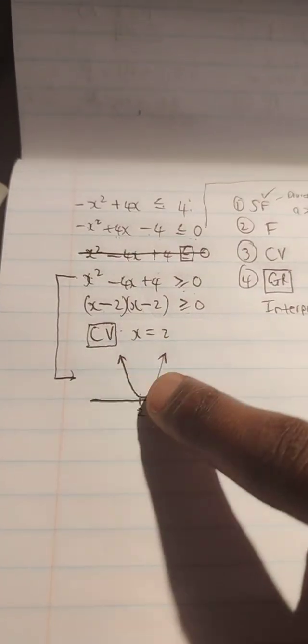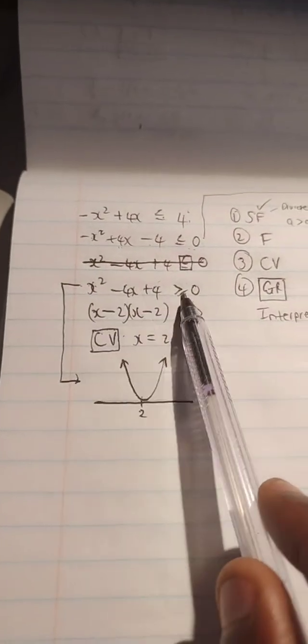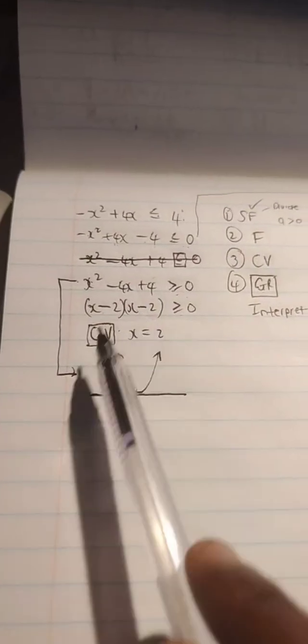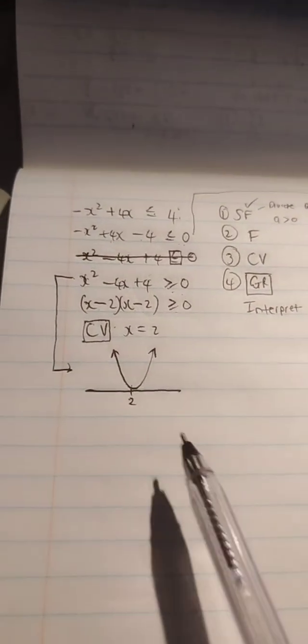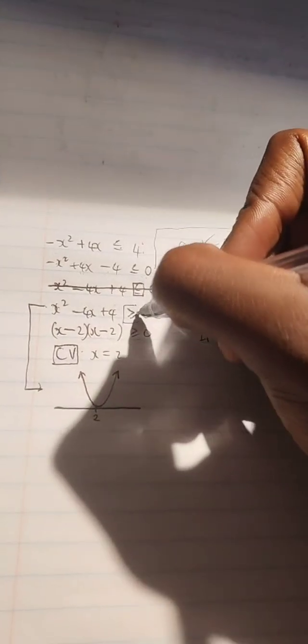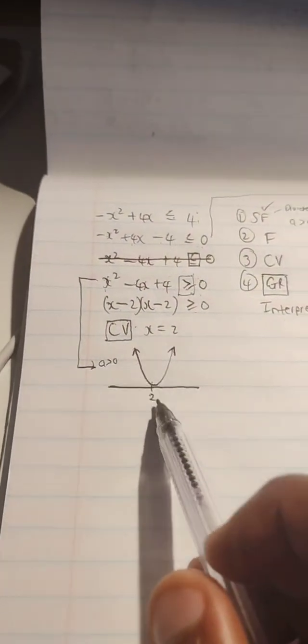So this has been drawn according to the standard form that I have after dividing by negative. Let me be deliberate in saying that. So when I interpret, I'm interpreting this according to the coefficient of x squared, which was positive. So this means concave up.